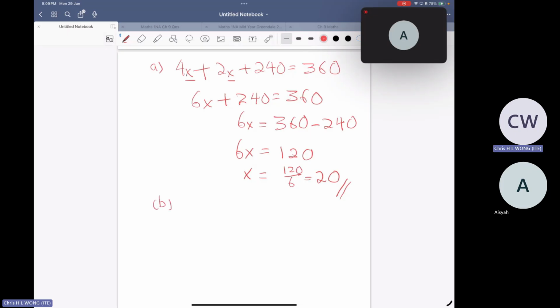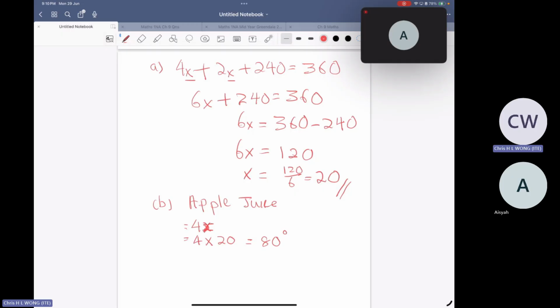How many degrees is apple juice? Apple juice equals 4x, equals 4 times, x is 20, right? You found it already, isn't it? 4 times 20, 80 degree.